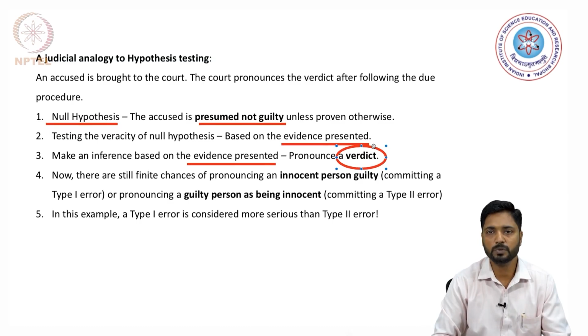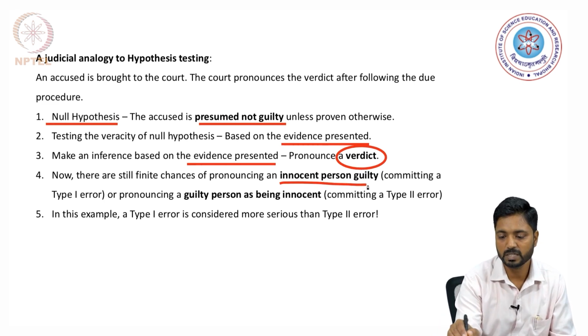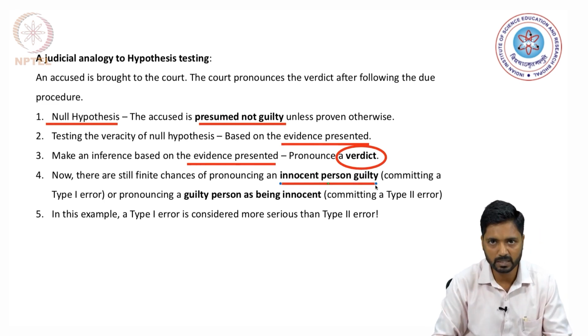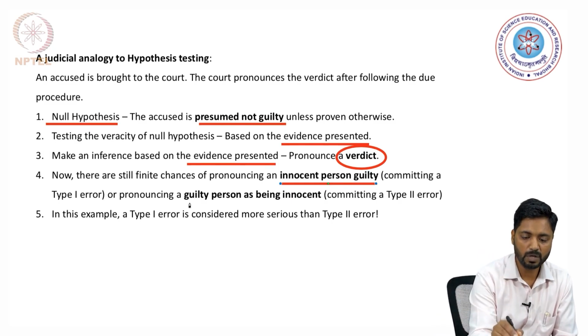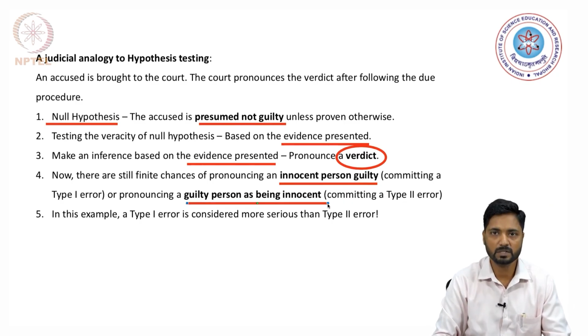Now when the court pronounces its verdict based on the available evidence, there are finite chances of either pronouncing an innocent person guilty, that is committing a type 1 error, or pronouncing a guilty person as innocent, which is considered as the type 2 error.